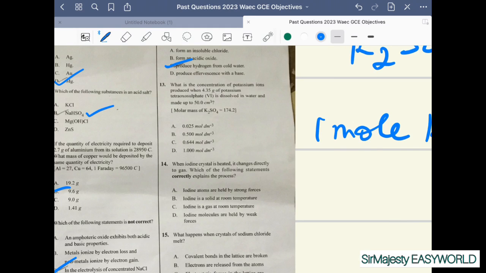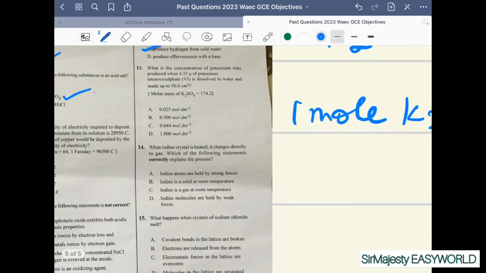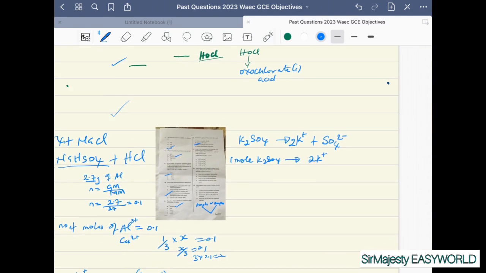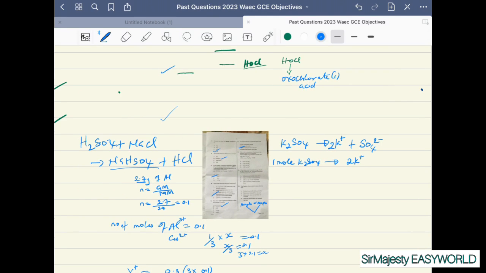Okay, 4.35 grams of potassium tetraoxosulfate(VI) was dissolved in 50 cm cube, but the answers we are seeing are in mole per dm cube, not in 50 cm cube. Therefore, we are going to find out the amount in 1000, not the amount in 50. This implies that we have to go back to our solving paper, where they gave us 4.35 grams dissolved in 50 cm cube.